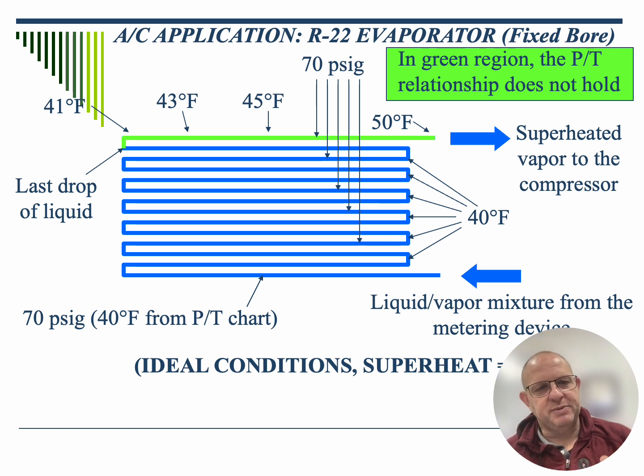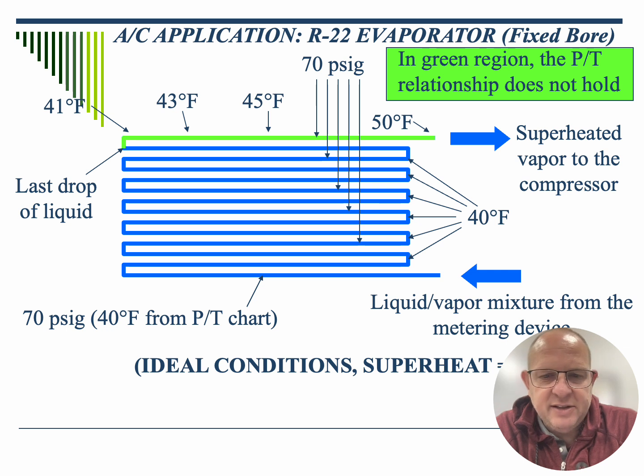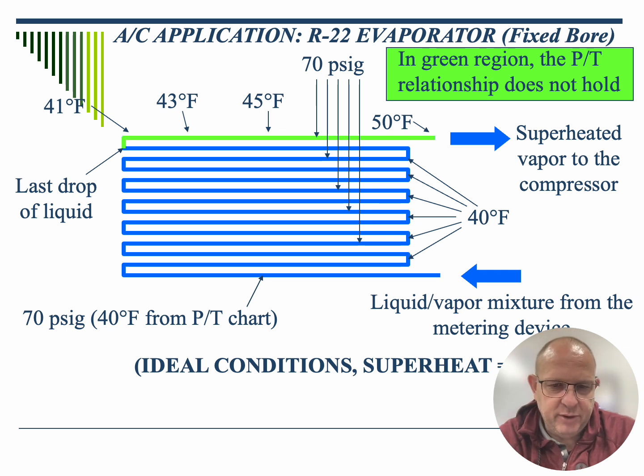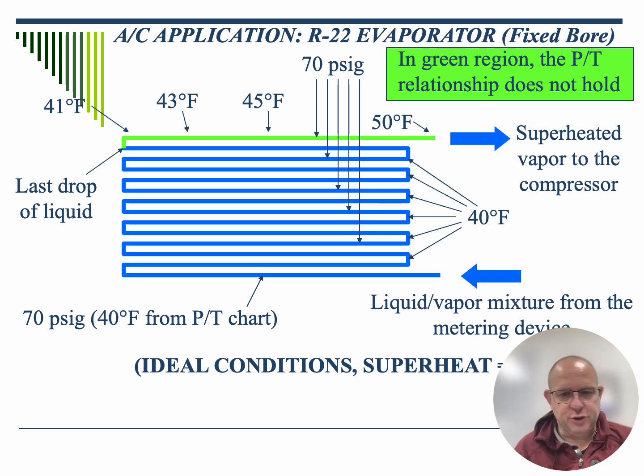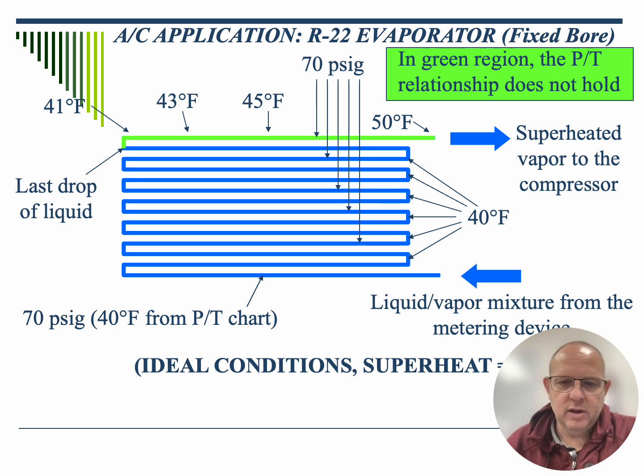The PT relationship says that the evaporator is running at 40 degrees, but we will gain up to 50 degrees on that suction line coming back to the compressor itself. So saturation temperature is 40. Actual temperature of the line coming back to the compressor is 50. We have 10 degrees of superheat on a fixed bore type of metering device.